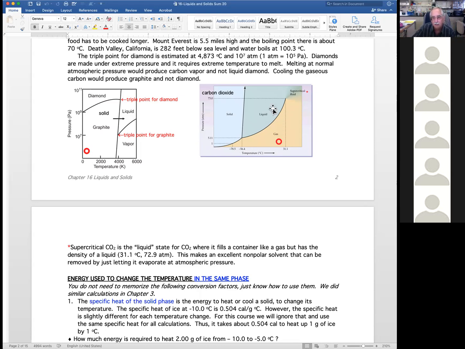And here's carbon dioxide. So here's the conditions that we are right now. So how do you make dry ice? To get into the solid form, you would have to lower the temperature way down here. So the pressure is not that important, but what's important is that super low temperature, right?